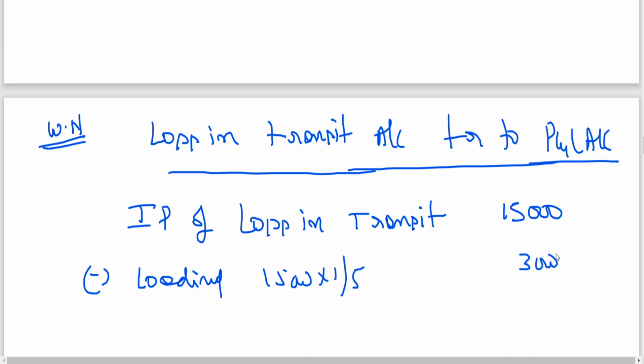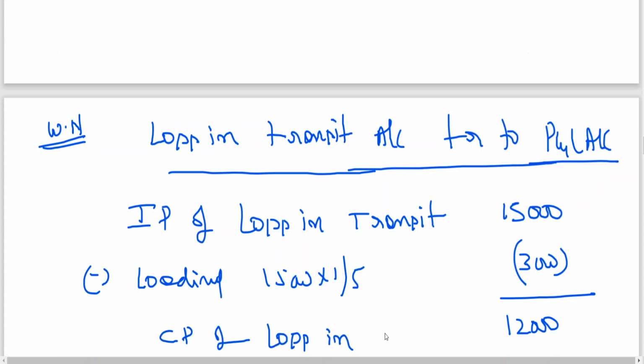Whenever you want to lodge a claim, it is to be at cost price only, no? So cost price of loss in transit. The insurance company won't accept when you inflate it. So even for accounting purposes, it should be taken at cost price.